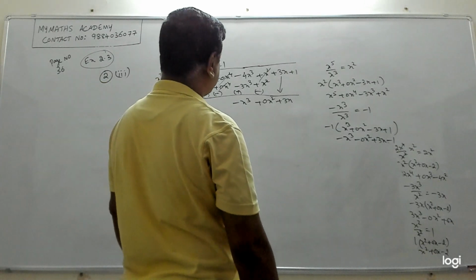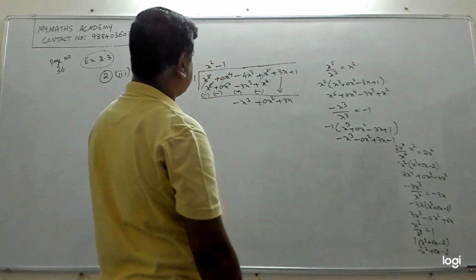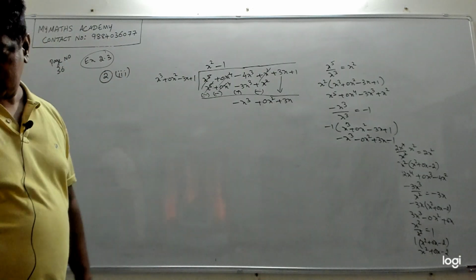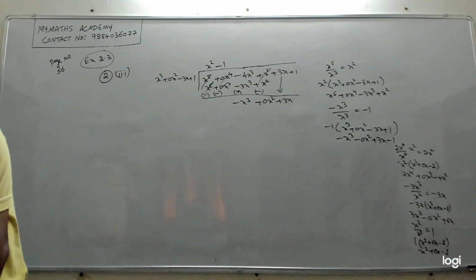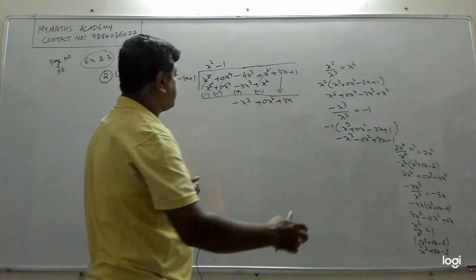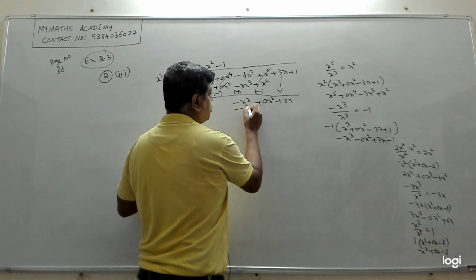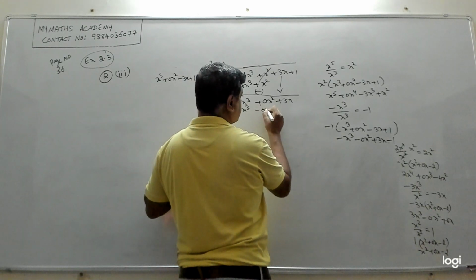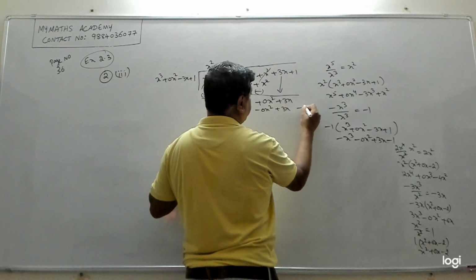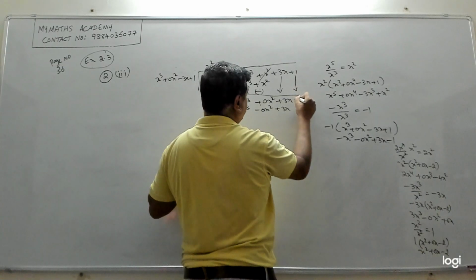So what do we get here? We'll substitute here. We'll get minus x cube minus 0x square plus 3x minus 1. So bring this plus 1 also down.